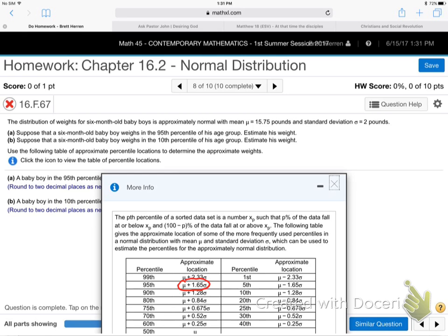So they give a little table to help you. Grab the 95th thing there. So it's going to be mu plus, what is it, 1.65 sigma? So that's mu, 15.75, plus 1.65 times sigma, which is 2. Just work that out, and you'll get the answer.